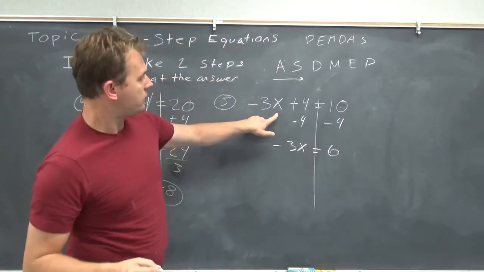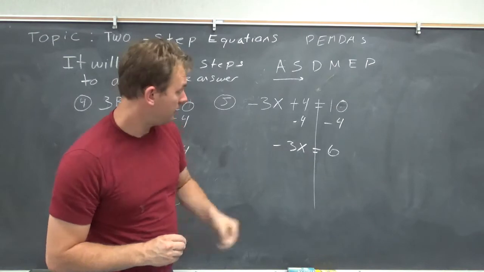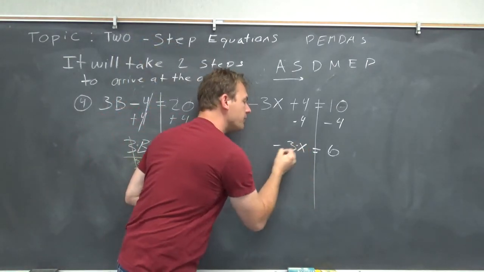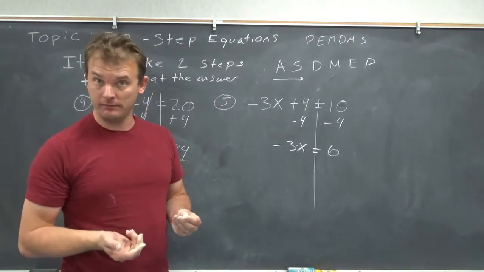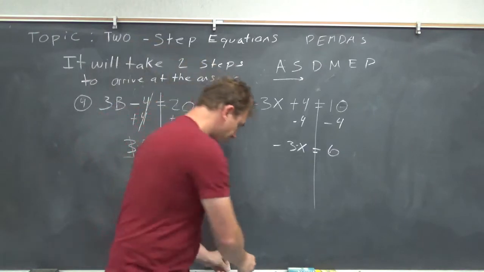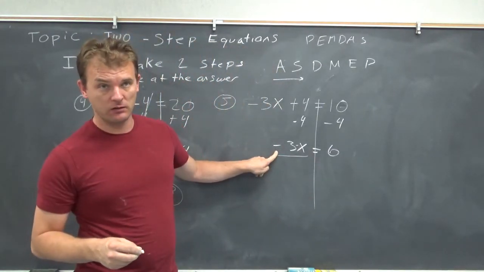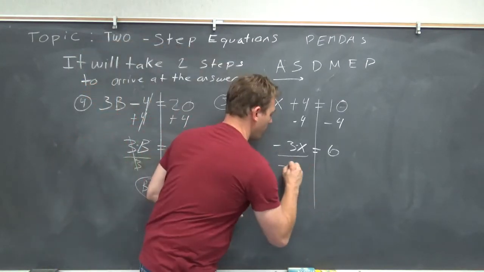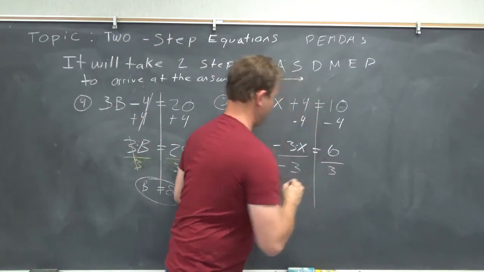Remember, we're trying to get the variable by itself. So what's in the way here? This is 3 times x. So we have to divide, opposite of multiplication. Is it just 3? Or is it positive 3? Well, we're going to go minus 3 and minus 3.